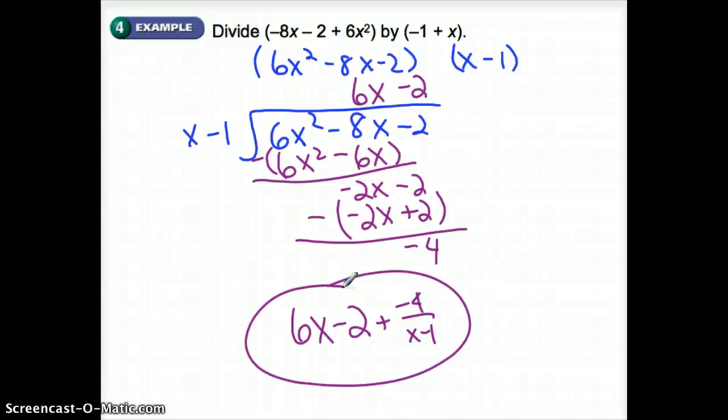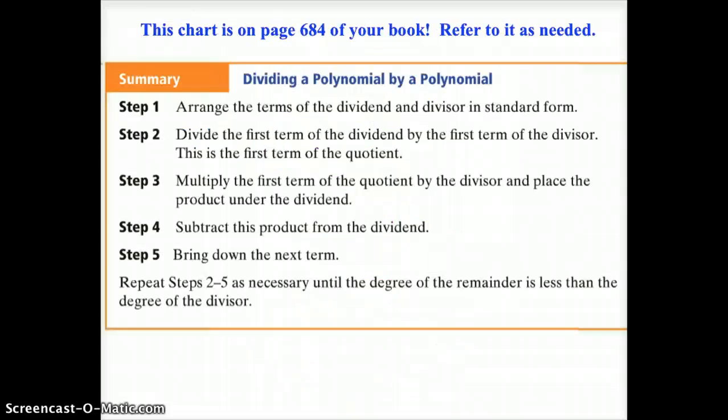All right, I want to show you a chart. It's on page 684 in your book. It's a pretty helpful chart, and I want you to refer to it as needed whenever you're getting stuck on something.